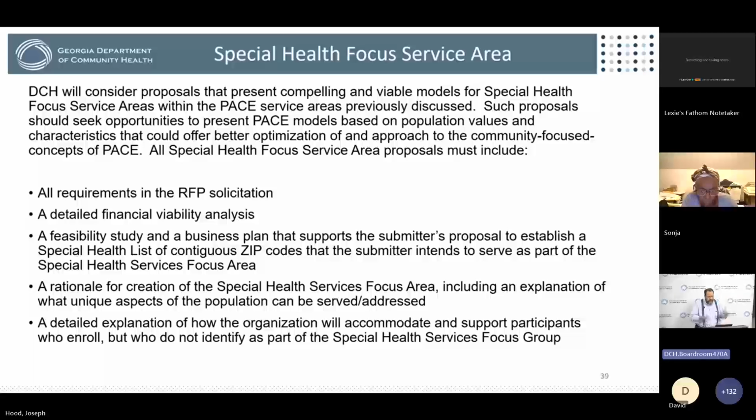What are the unique aspects of the population that would be addressed by the special healthcare focus area, and a detailed explanation of how the organization will accommodate and support participants who enroll but who do not identify as part of the special health services focus area. So if you have a certain focused area and group of people you're trying to work with, we need some assurance that you can serve all people who want to join your PACE program.